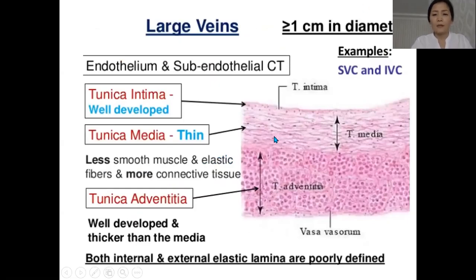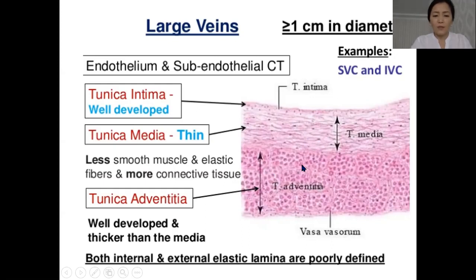Again, a large vein: the diameter of a large vein can be more than 1 centimeter. Also three layers: tunica intima, only this part, tunica media, and the thick tunica adventitia. Tunica intima is well developed, lined by endothelium, and the tunica media is thin here, with connective tissue, less smooth muscle, elastic fibers, and more connective tissue.